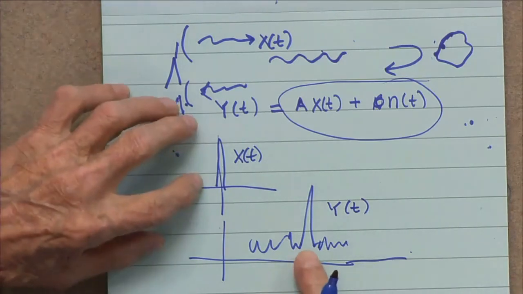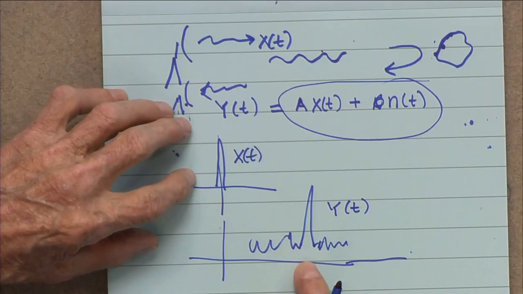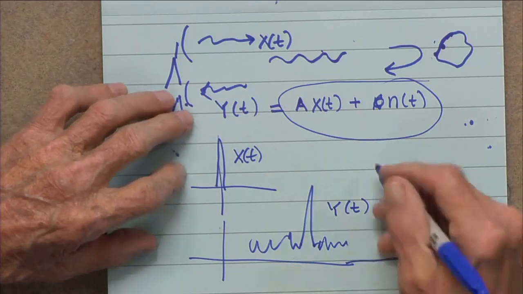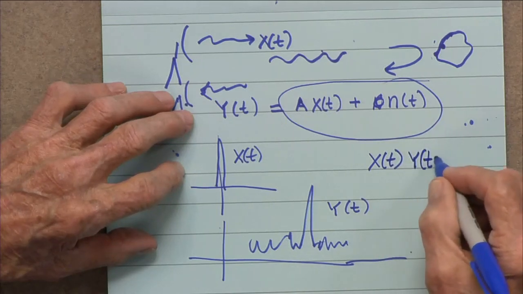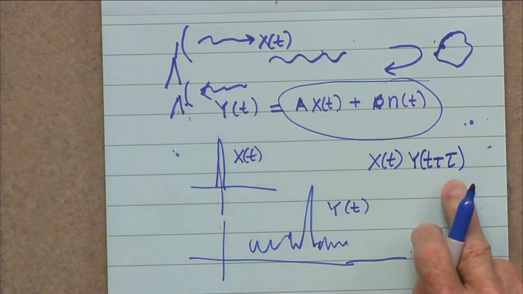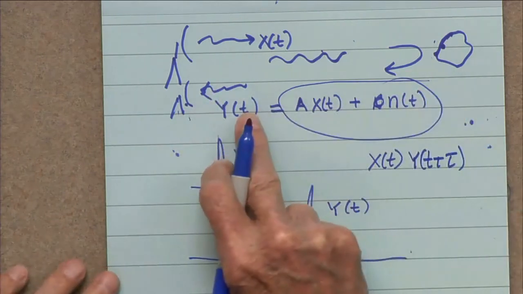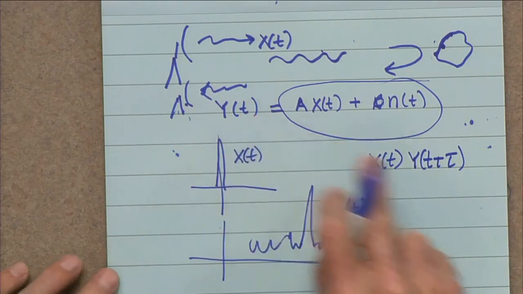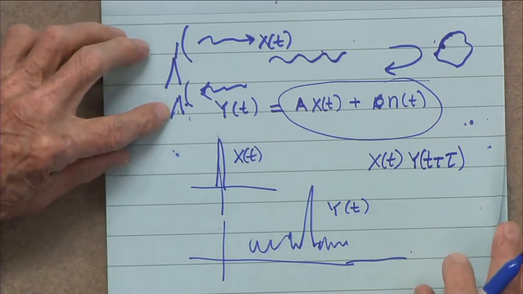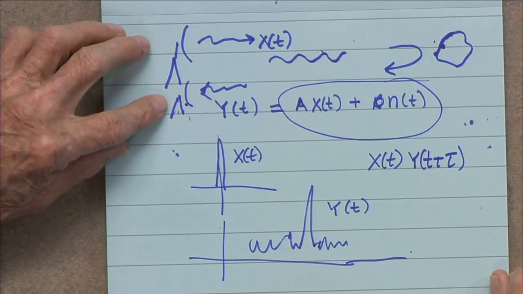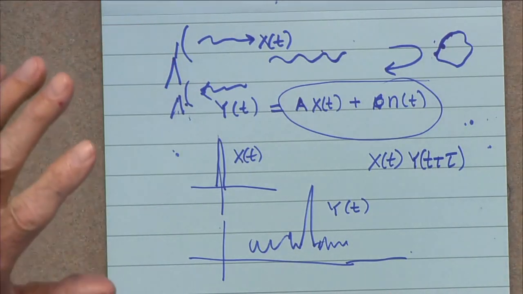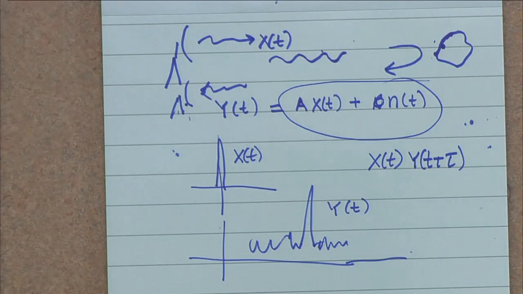I think if I did an autocorrelation, I might have some information. So probably what I want to do is cross correlation. And I want tau to be the delay time. So I have a computer here at the receiver, and it's got data of what was sent out, a function of time, right?